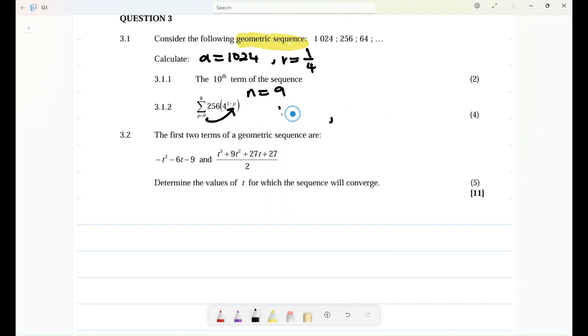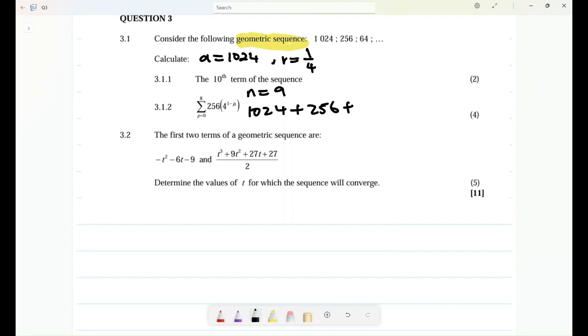Then what's the importance of getting that? So that you can see which pattern you are having here, whether it is arithmetic or geometric or whatever. So the first 3 terms, if I substitute 0, I get 1024. Remember it is a geometric series, so even if you use this, it's fine. If I input 1 here, I get 256.